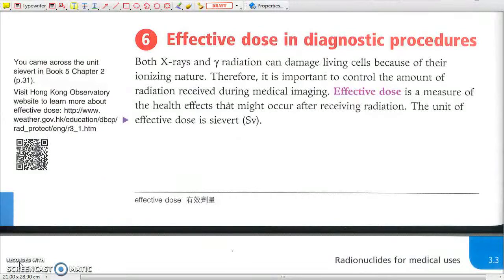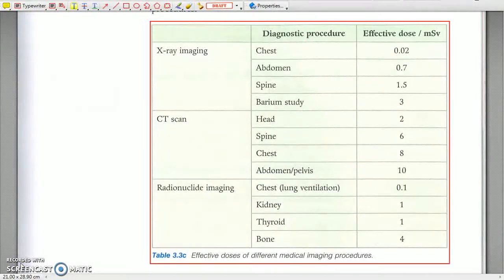6. Effective dose in diagnostic procedures. Effective dose is a measure of the health effects that might occur after receiving radiation. Its unit is the sievert, Sv, which we have come across in Book 5. The table on the next page lists the effective dose of various organs when different imaging procedures are used.